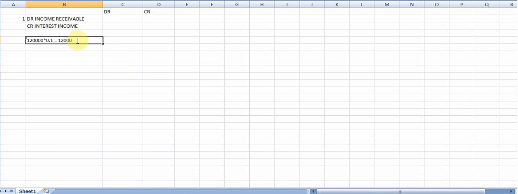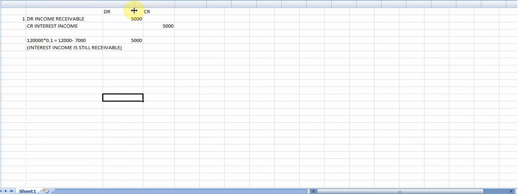So I'm going to deduct the 7,000 Rand. And if I say 12 minus the 7, I'm going to get to, of course, 5,000 Rand. So the debit and the credit will be 5,000 Rand that was yet not received at the end of the year. I'm going to write a narration and I'm just going to say interest income is still receivable.